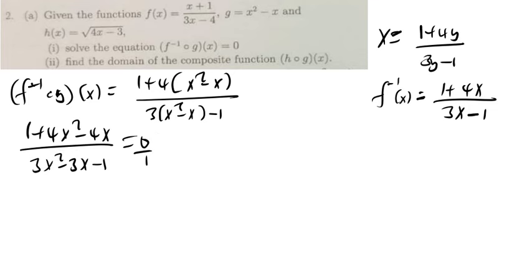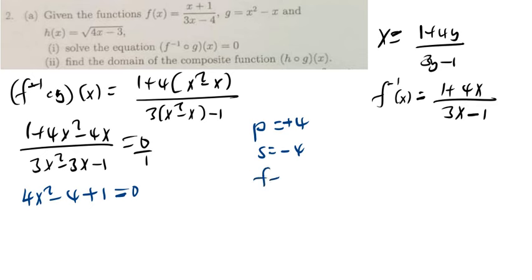My product is positive 4. My sum is negative 4. What are the factors? The factors will be negative 2 and negative 2. Negative 2 times negative 2 is positive 4. Negative 2 minus 2 is negative 4, which is perfect.